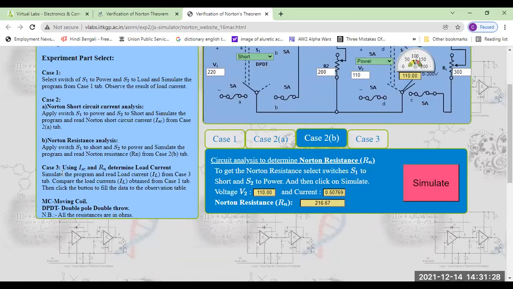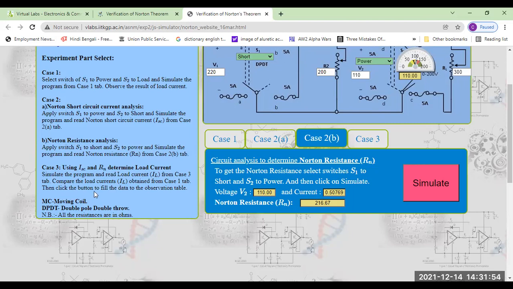Now we are going for case 3. Using ISC and Rn, determine the load current. We have to measure the load current. Now simulate the program and read the load current IL from the case 3 tab, then compare the load current IL with the one obtained from the case 1 tab.